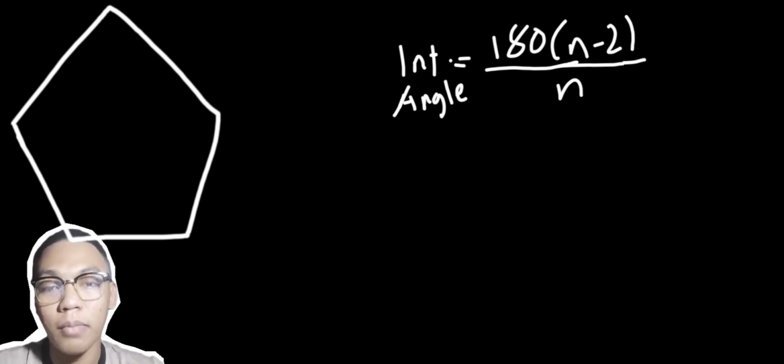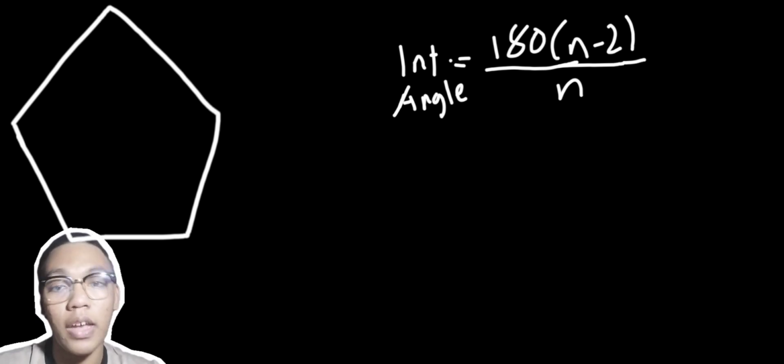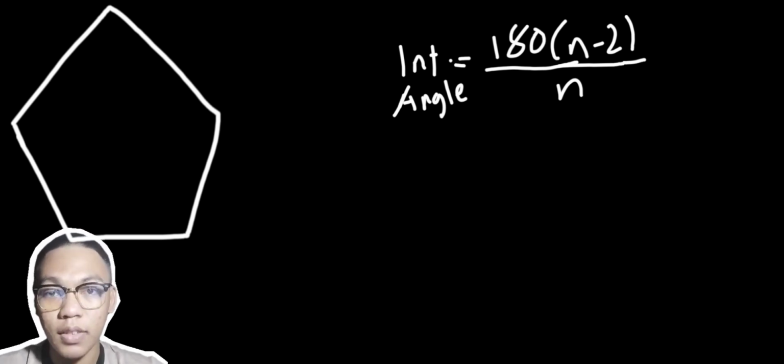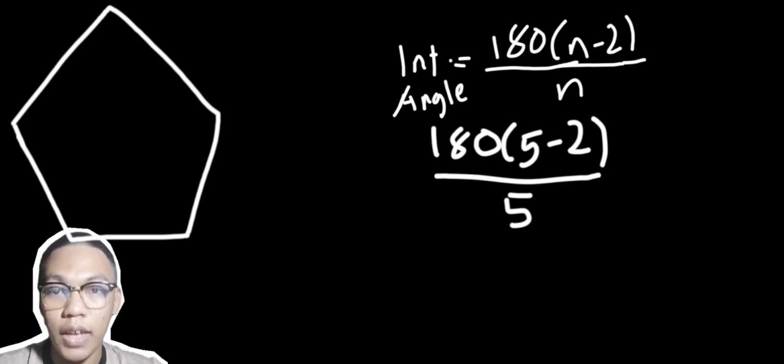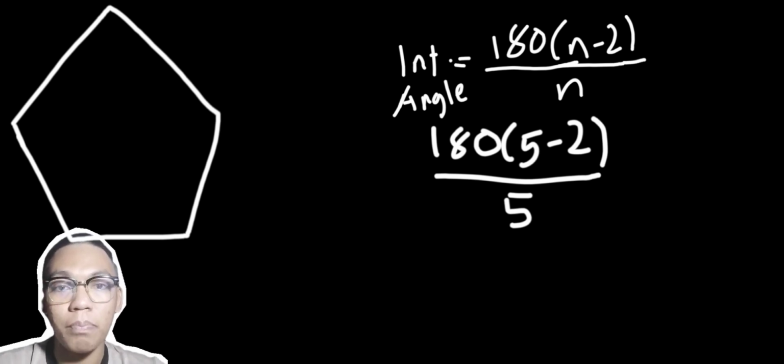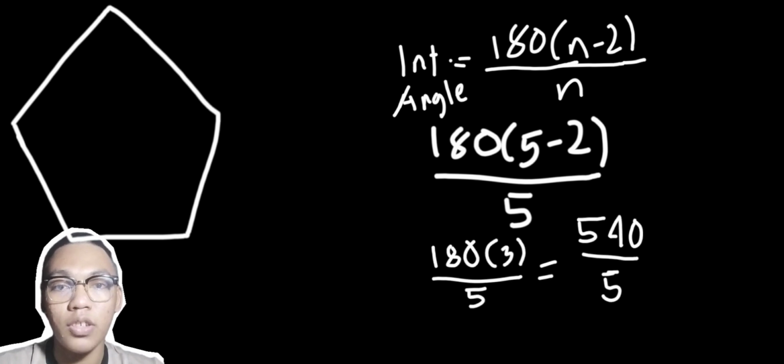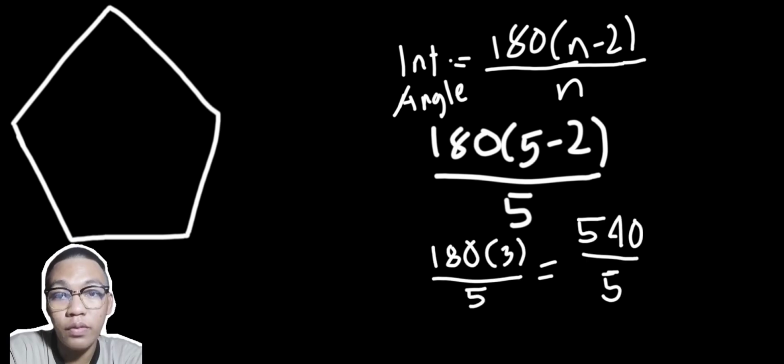That only works if all sides are the same. If you don't have a regular polygon, this is not going to work. So in this case, it's going to be 180 times 5 minus 2, divided by 5. So 5 minus 2 is 3, and 180 times 3 is 540. So 540 is the sum of all 5 angles.